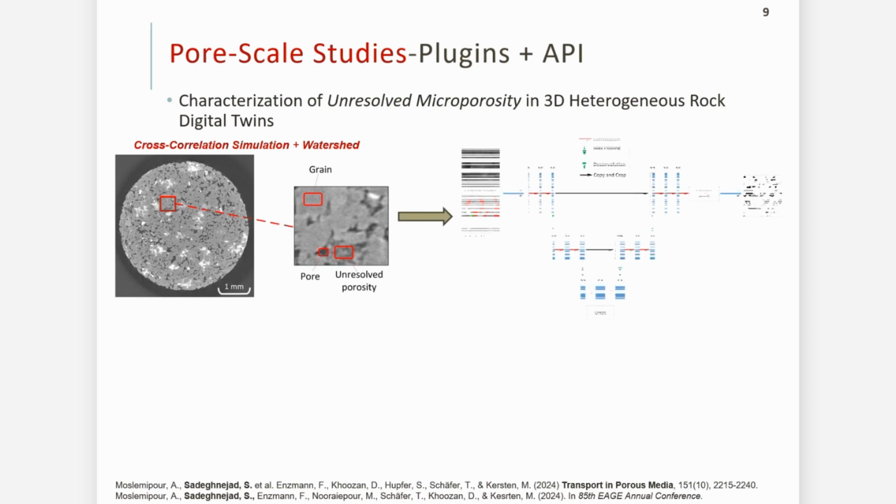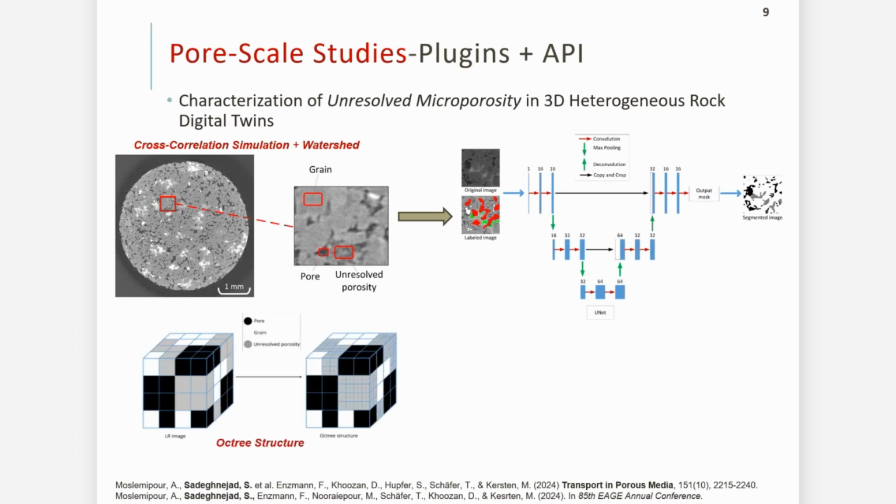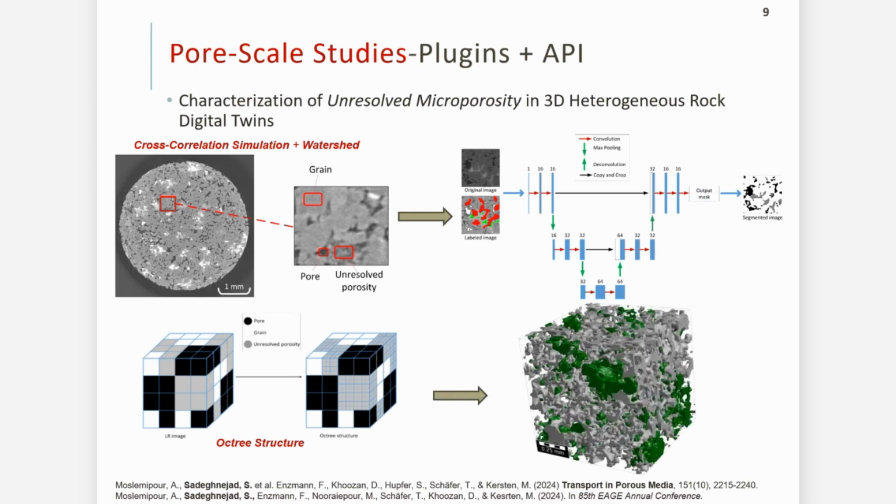First of all, we used the AI capability of GeoDict to segment it into three phases: grain, pores, and unresolved pores. Then we used the octree structure to replace those unresolved areas with higher resolution images. It means that at the end, we had a multi-resolution image.